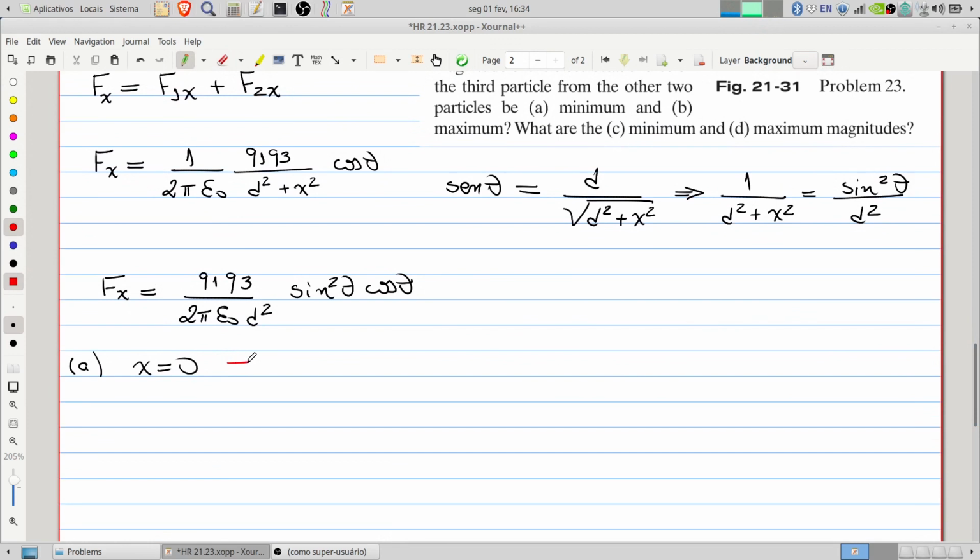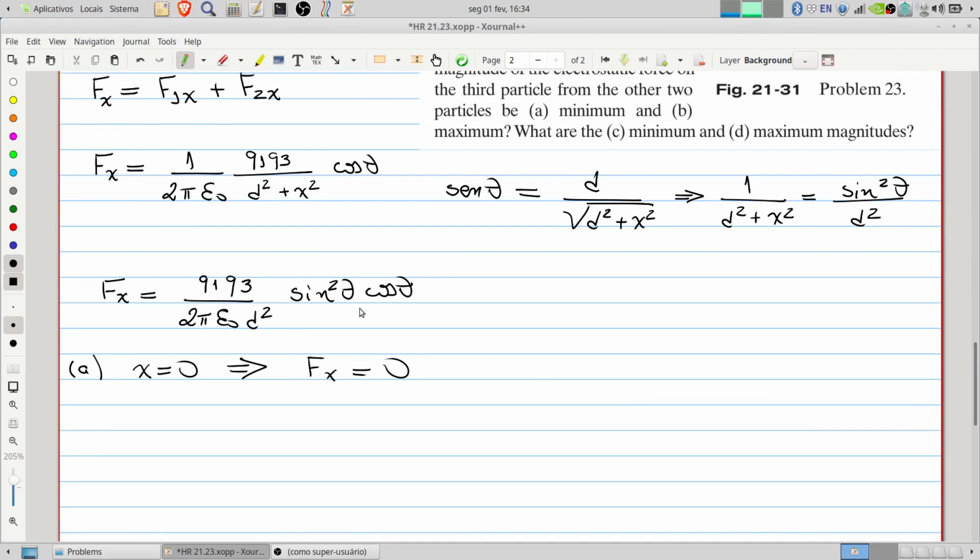Therefore, F equals 0. It's simple to see. We can also use theta equals 0 here, and you know that Fx will be 0.